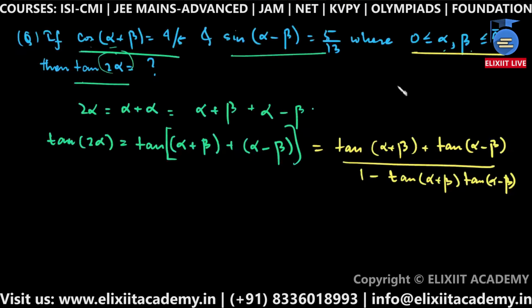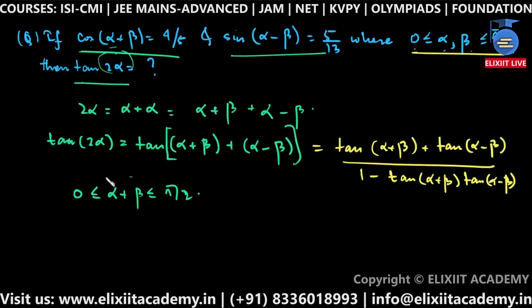What I'm trying to say is, you know that both the angles are lying between 0 and pi by 4. So for tan(alpha plus beta), if alpha lies between 0 and pi by 4, then definitely alpha plus beta will lie between 0 and pi by 2. Minimum it will be 0, maximum it will be pi by 2.